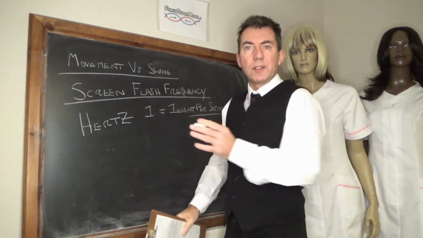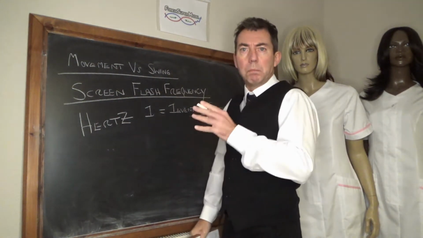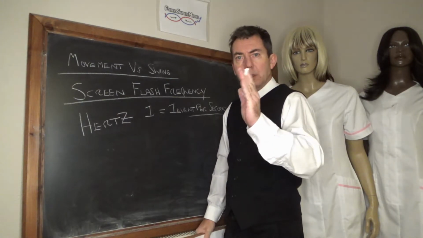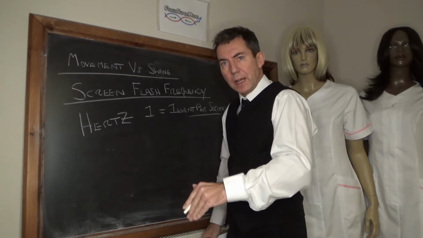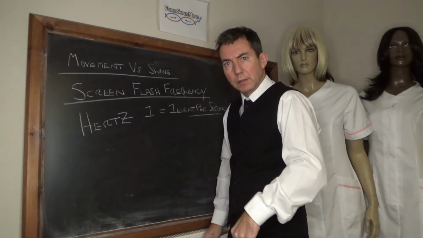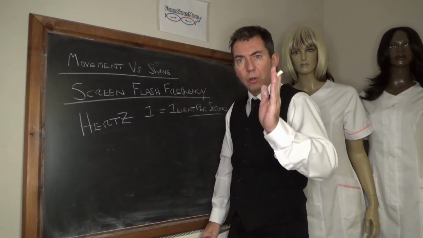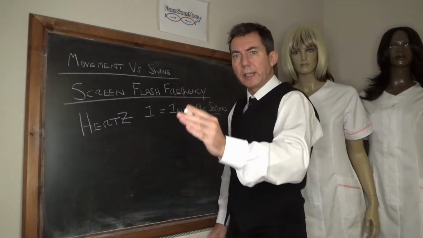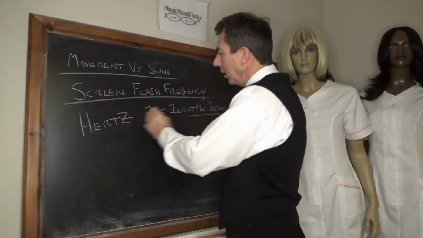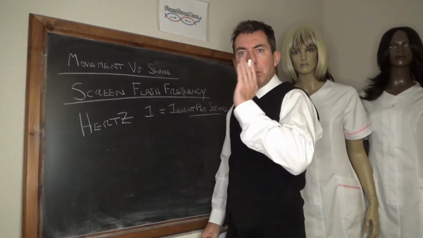So the second hand on your watch, by definition, moves at 1 hertz. That's how it is deemed to be measured. So if the market is pulsing at 1 pulse per second, you've got a 1 hertz volatility pulse.